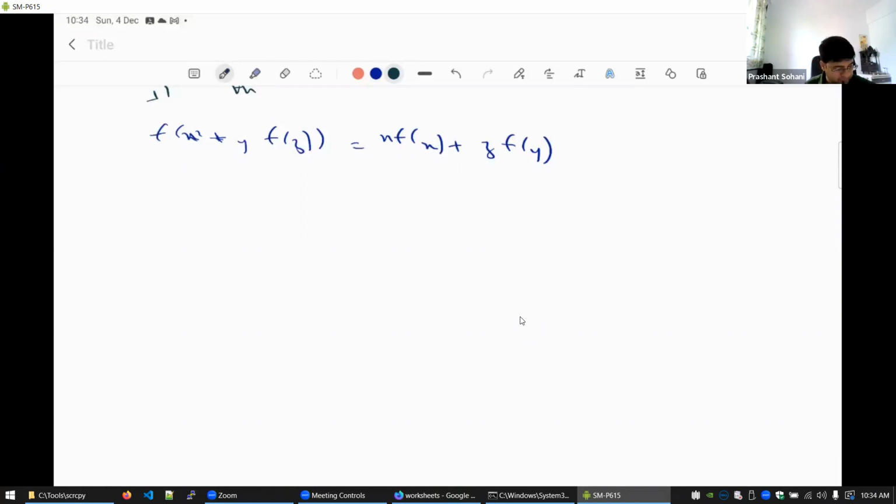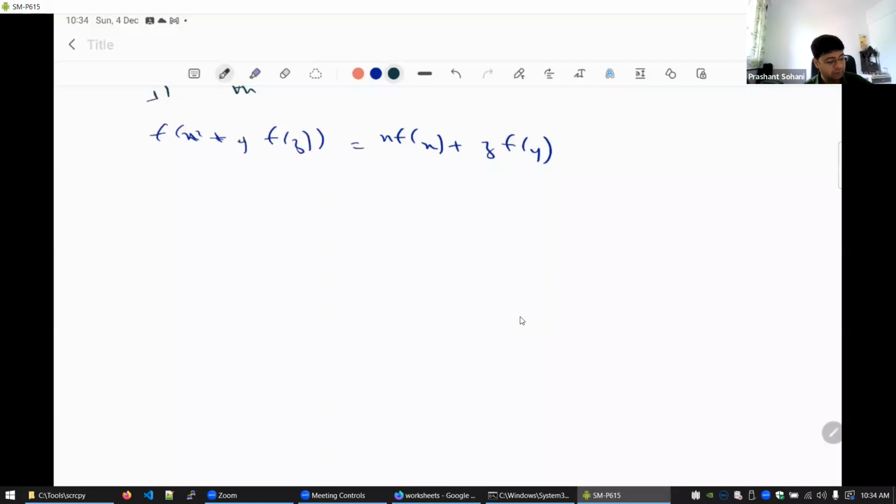Okay. How did you get the second expression? Sir, we put y equal to z equal to x, and then use the first equation. All right, okay, got it.